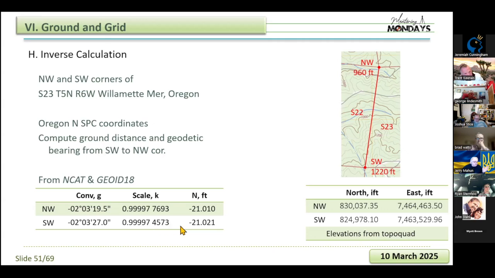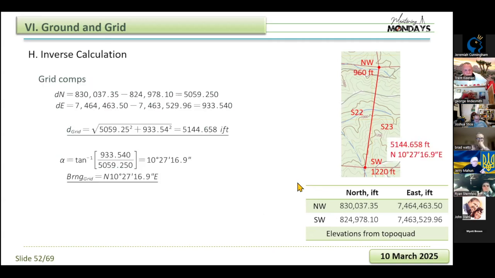My geoid height only changes by 0.01 meters, that's meters, not feet, between those 2 points. So it doesn't vary much, even in the higher elevations. And again, I'm working in international feet in Oregon.